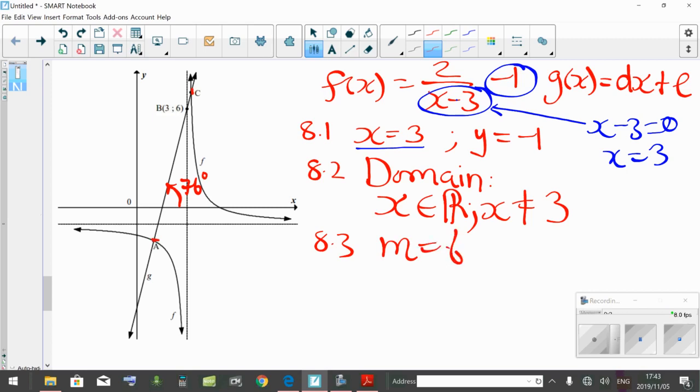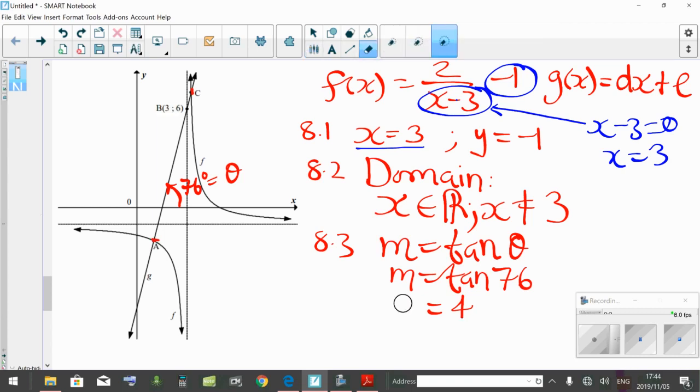Remember we said m is equal to tan theta, where this is our theta. We already have, from this formula, our gradient. m is equal to tan 76. If you calculate, you get 4.01. However, they want their answer to the nearest integer. So we're just going to round it off to 4.